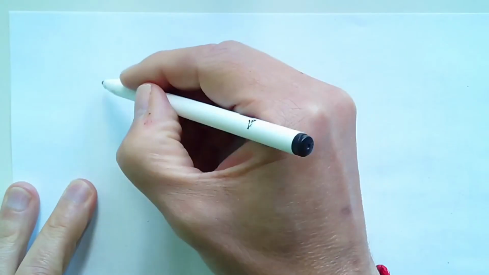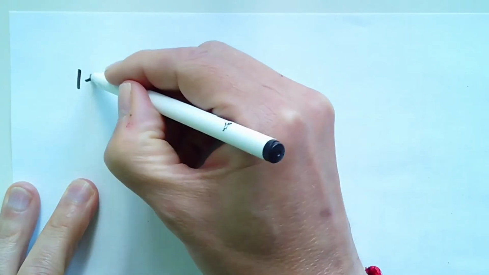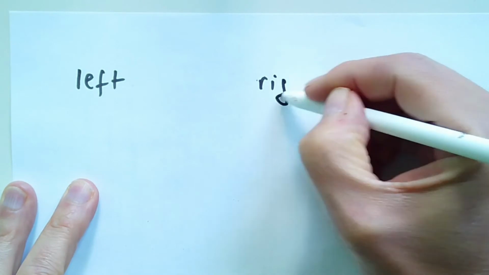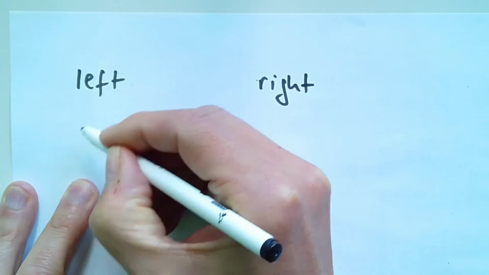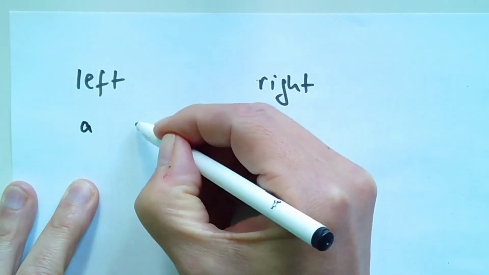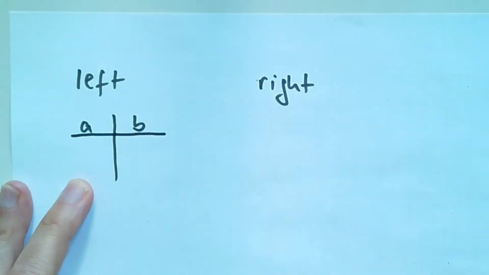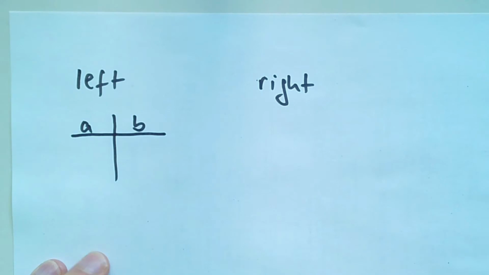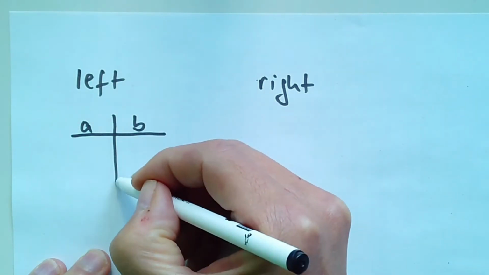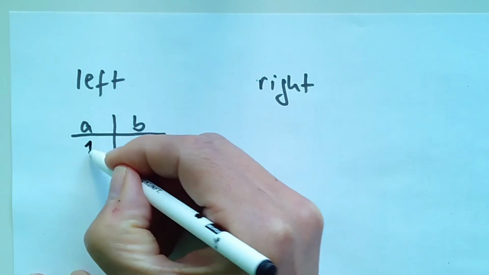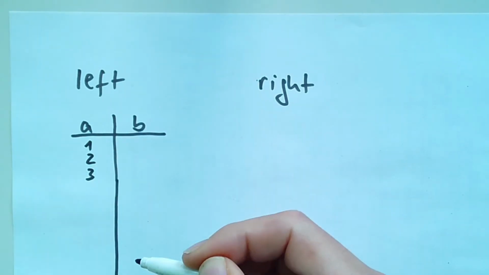Okay, so we are generating two tables. It's the left table and the right table. Both have a schema of A and B. So that would be the left table. Of course, the left table will be filled with values. Let me extend this with values 1, 2, 3, and so on, up to 1 million.